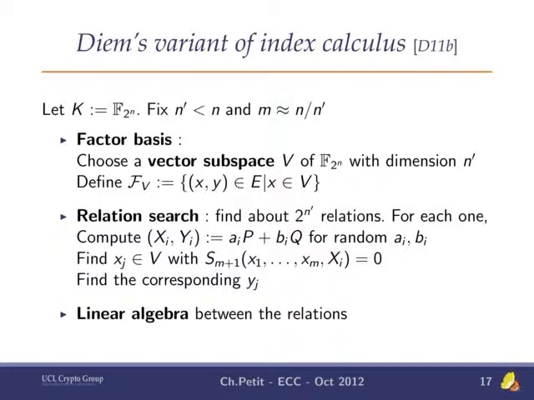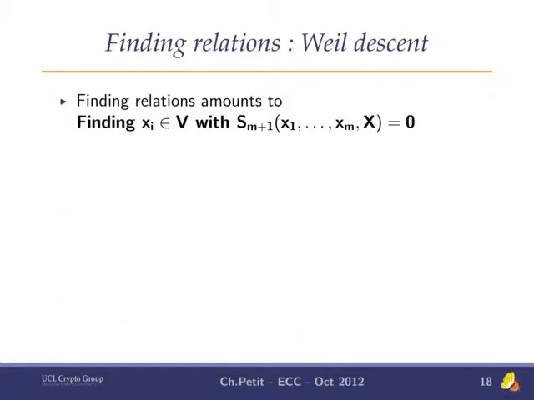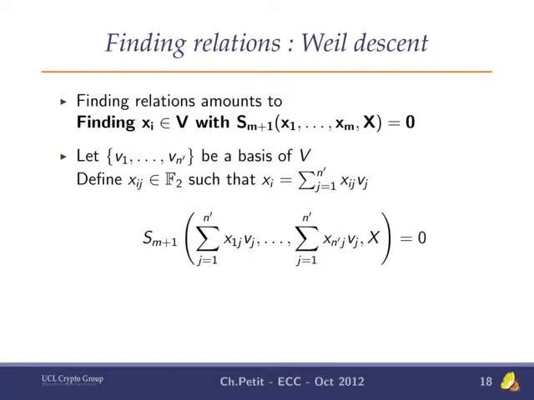So we still have to solve those polynomials. The technique that's used is called Weil descent. So you have to solve this polynomial with the constraint. Defining a basis for V, v_1 to v_n', you also define binary variables x_ij belonging to F_2, such that they are in correspondence with the variables over F_2^n. So x_i is equal to the sum of x_ij v_j.